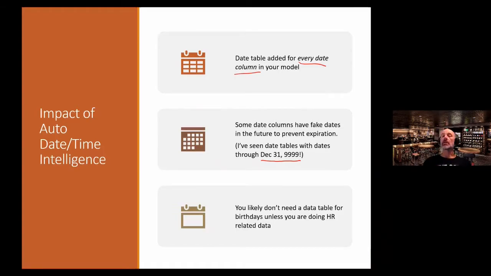Sometimes it's December 31st of 2099, 2999. This particular system was using 9999. Well, guess what? Between today and December 31st of 9999 is 2.9 million days. That is a 40 meg date table for no good reason. Nobody's going to be doing date time intelligence on that. So always disable date time intelligence.